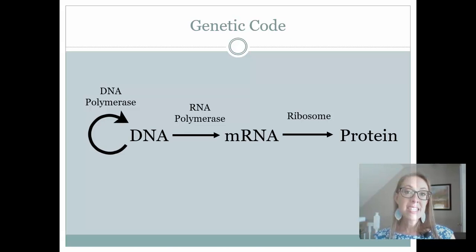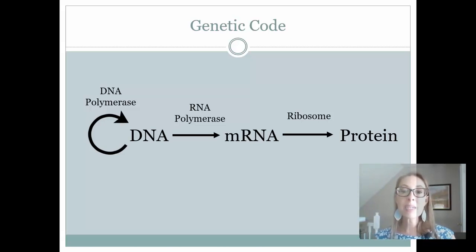DNA polymerase is going to copy all of the genetic information in that cell. That includes our chromosomal genes and those plasmid genes as well. So once we copy and have that information in our 2 daughter cells, well, we need to be able to utilize that DNA. DNA is going to be read by RNA polymerase.